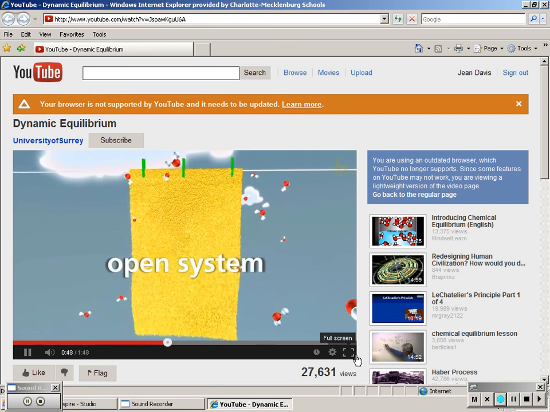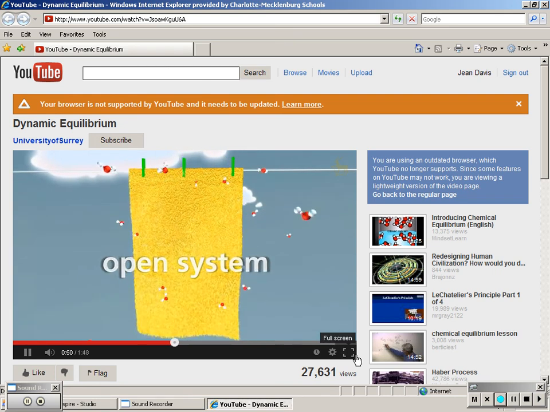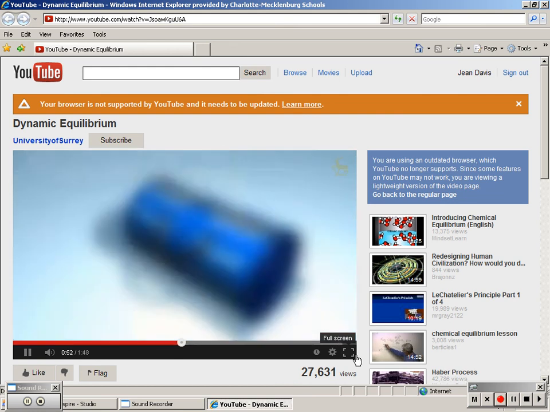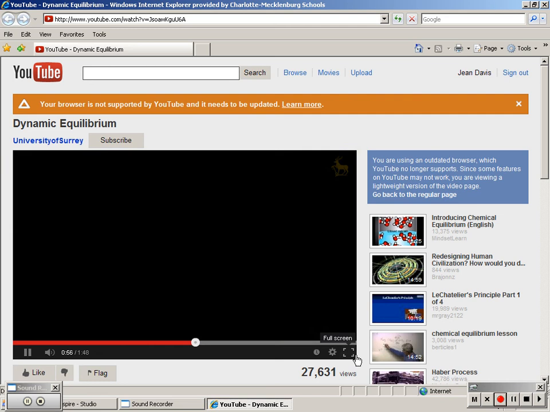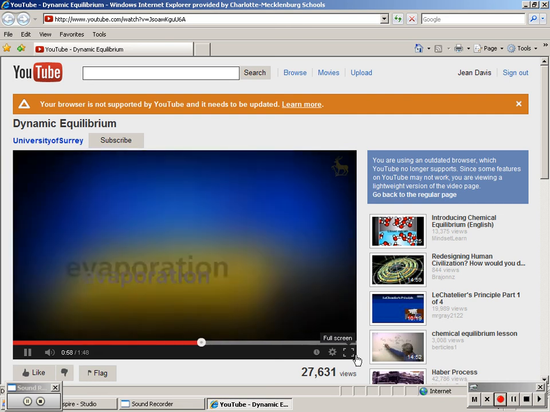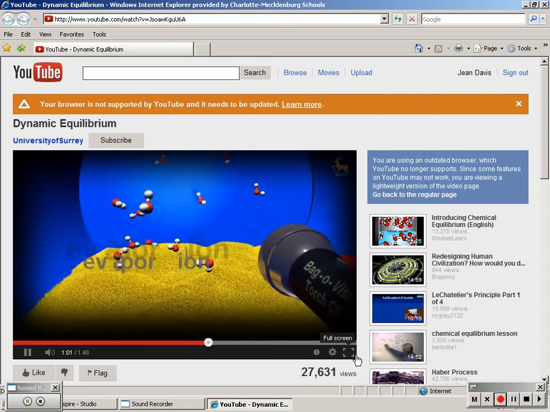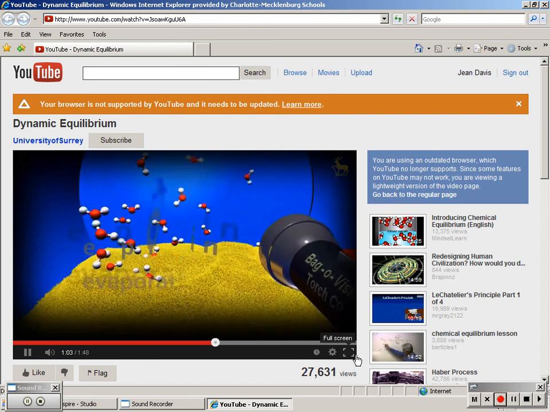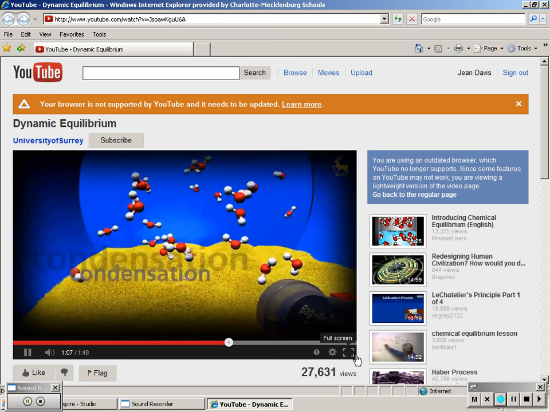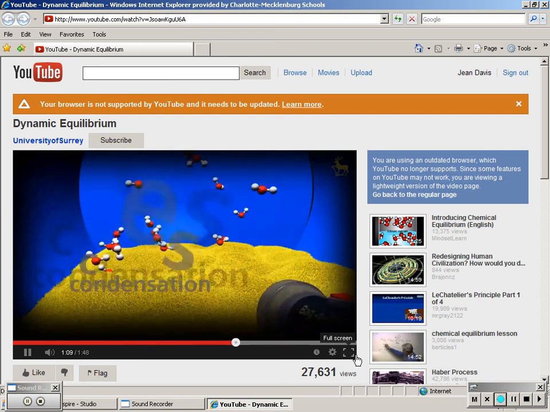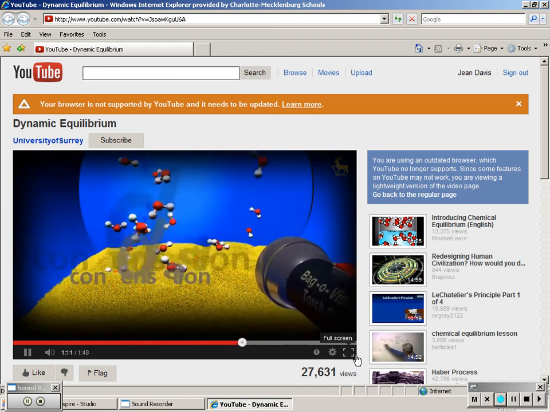This is an open system. If the wet towel is left in a closed sports bag, it does not dry. High-energy water molecules evaporate and remain as vapor trapped in the atmosphere around the towel. At the same time, low-energy vapor molecules condense on the surface of the towel to a liquid.